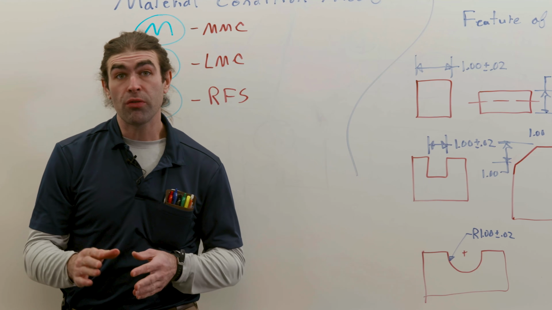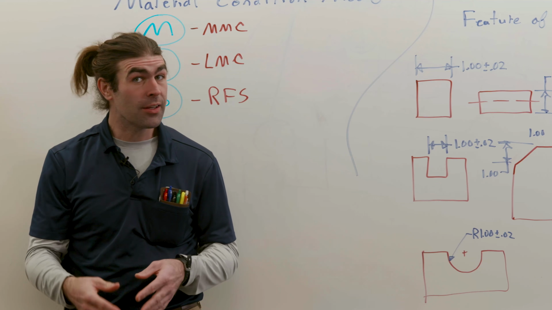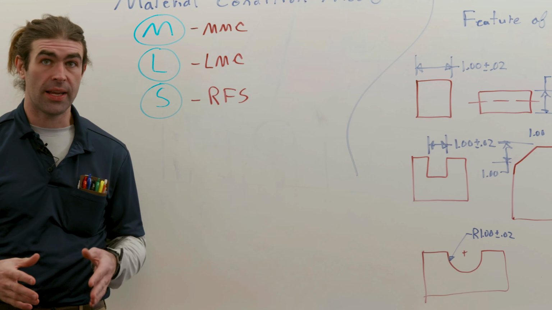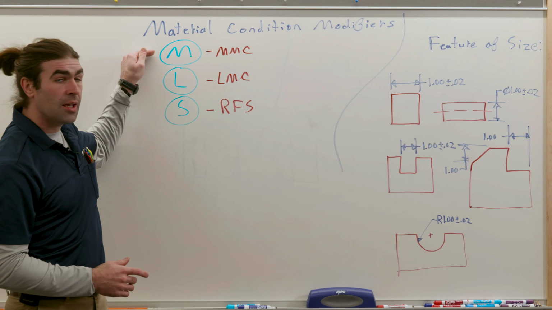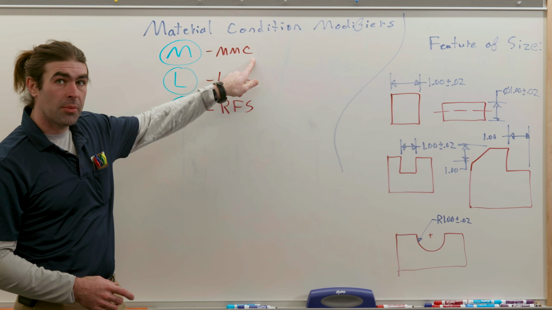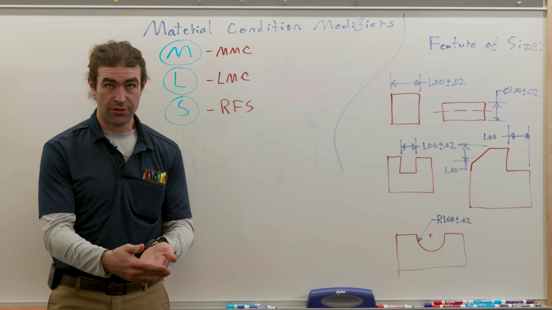So now let's move on to material condition modifiers. This seems to throw people for a loop, but it's a simple system when you look at it. We've got 3 material condition modifiers to worry about. MMC with its little M with a circle, or written MMC, or spelled out as maximum material condition.